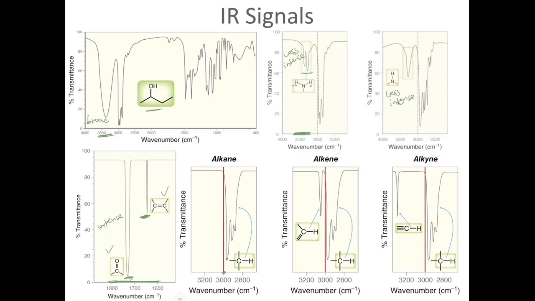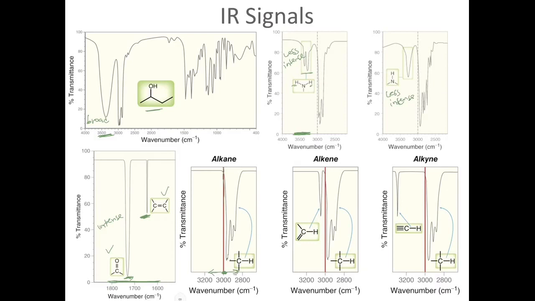Okay? So note this red line. Note this red line here. So we look at what is happening below 3,000 and above 3,000. So we're going to focus on these areas, below and above. So for alkanes, we will experience these peaks that are below 3,000.